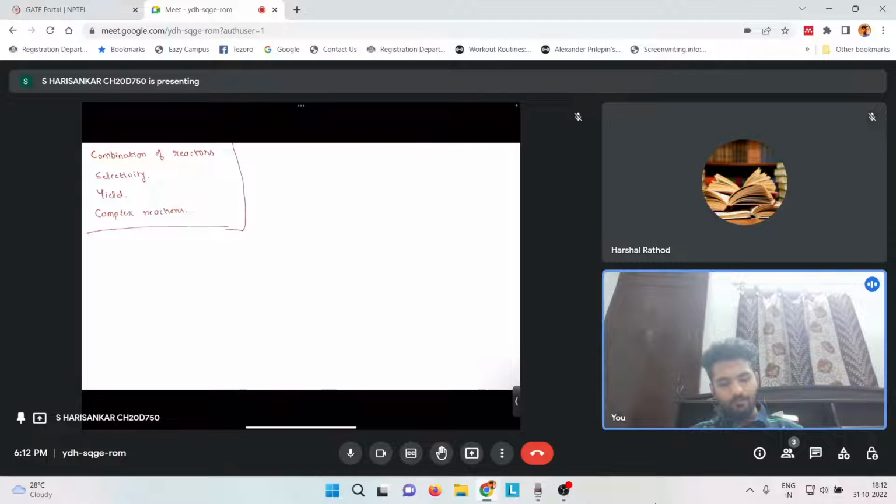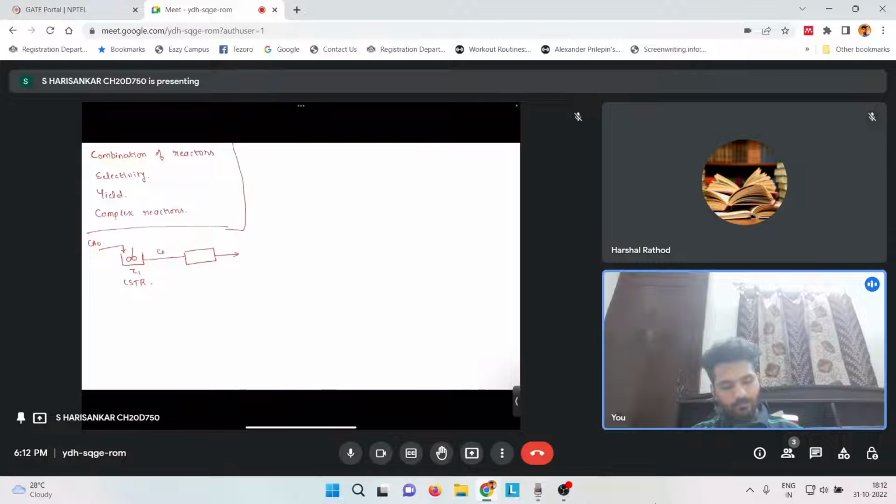When you say a combination of reactors, it usually means a series connection. So you have CA0 here, and you have tau1 here, and this is a CSTR, and this goes into a PFR.